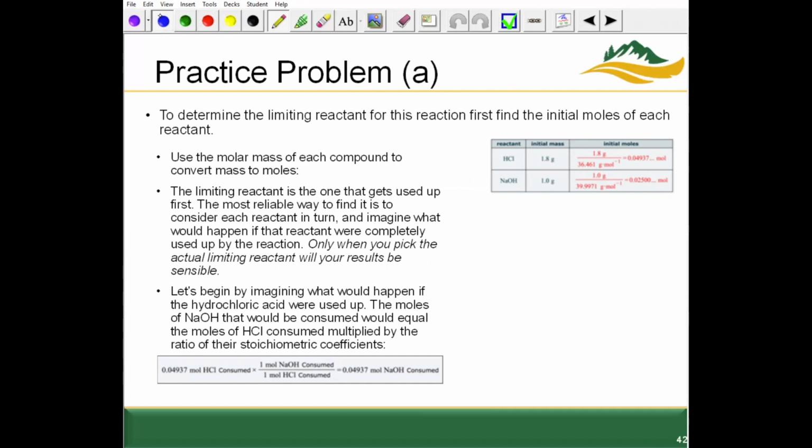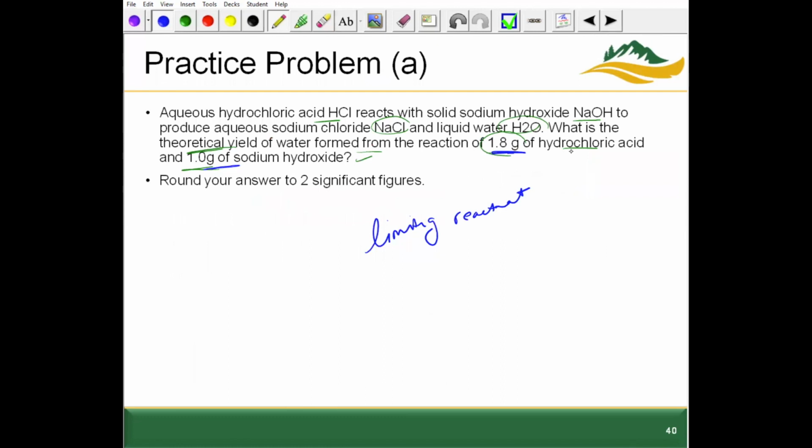So in solving this, we do need to figure out what's our limiting reactant first. We do need to calculate the molar masses, so HCl comes out to 36.461 grams per mole, and sodium hydroxide, NaOH, about 40 grams per mole. So we're given these gram amounts of hydrochloric acid and sodium hydroxide.